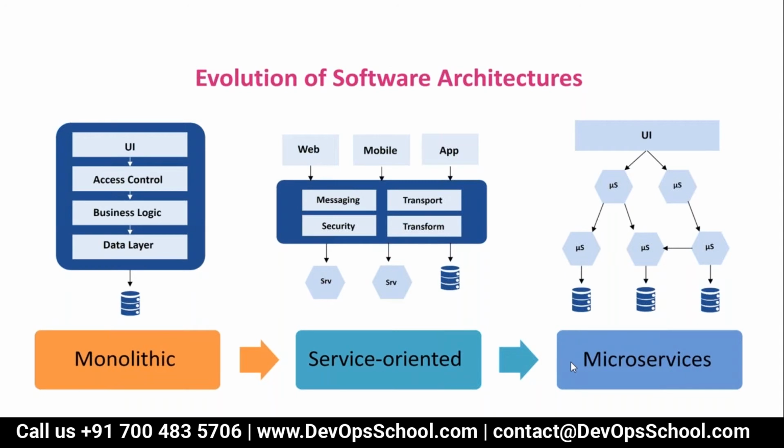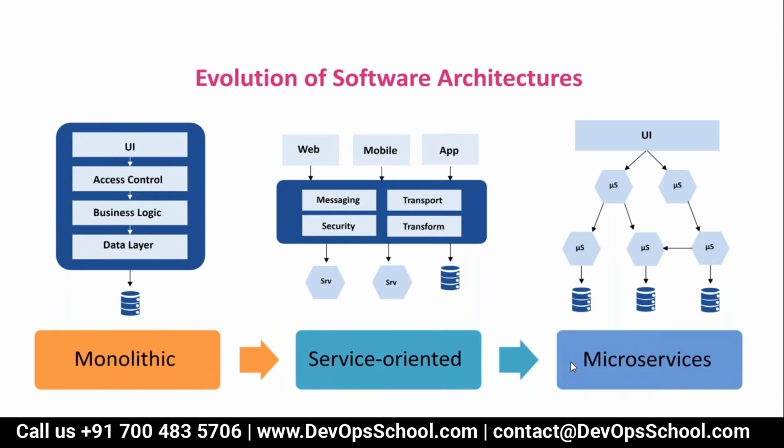Why is this observability so difficult? Because we were running on physical servers, then VMs, and then thousands of containers. But the software architecture has also changed over the period of time. Earlier we had a monolithic system, everything in one place.